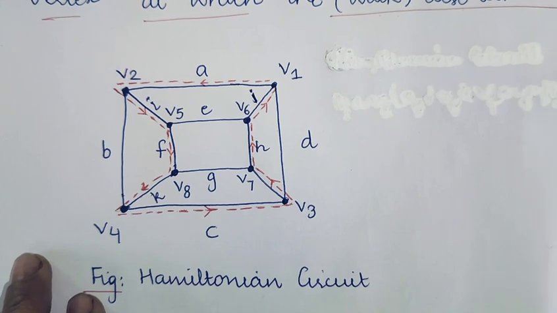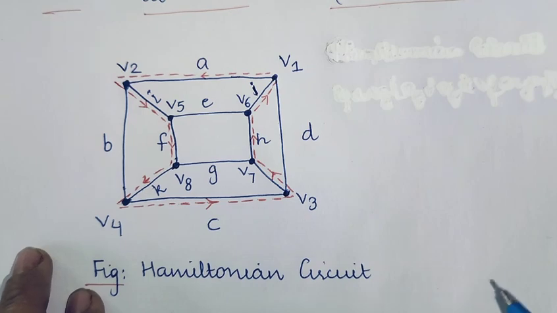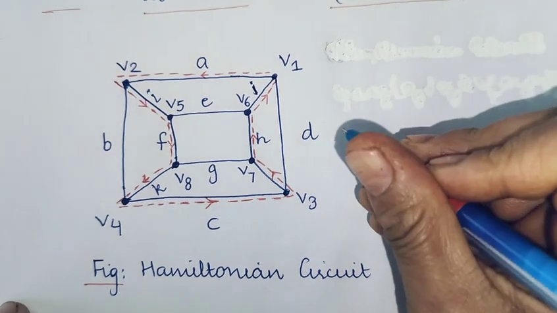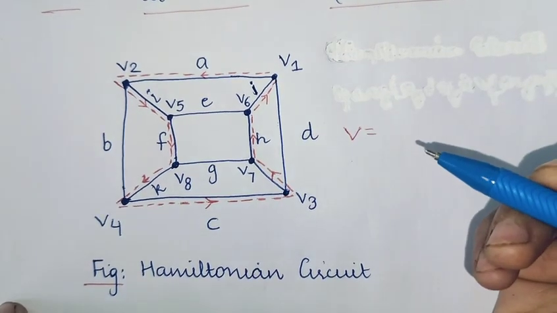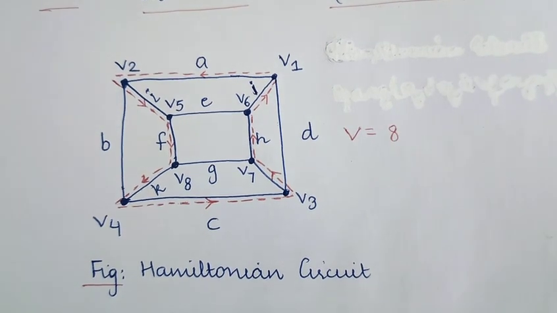Now let's find out a Hamiltonian circuit in this particular graph. So this is a graph which contains how many vertices? In total I have 8 vertices, and my focus here is to cover all the vertices. Hence I am not counting the number of edges, because even if some few edges are left, that does not matter.